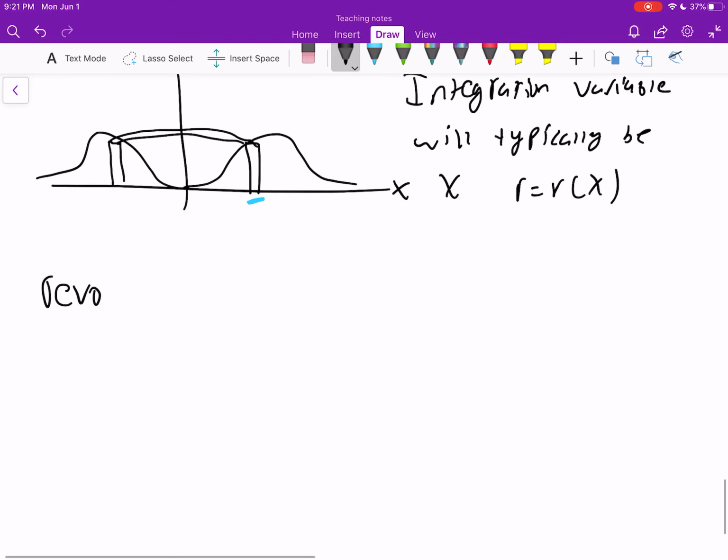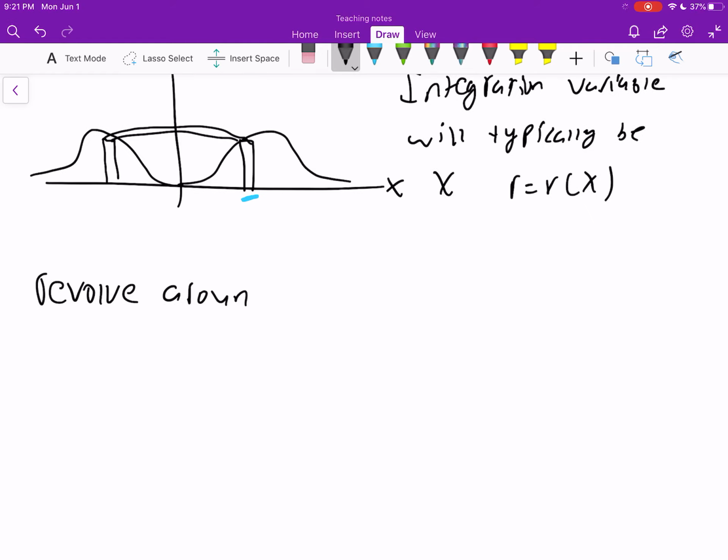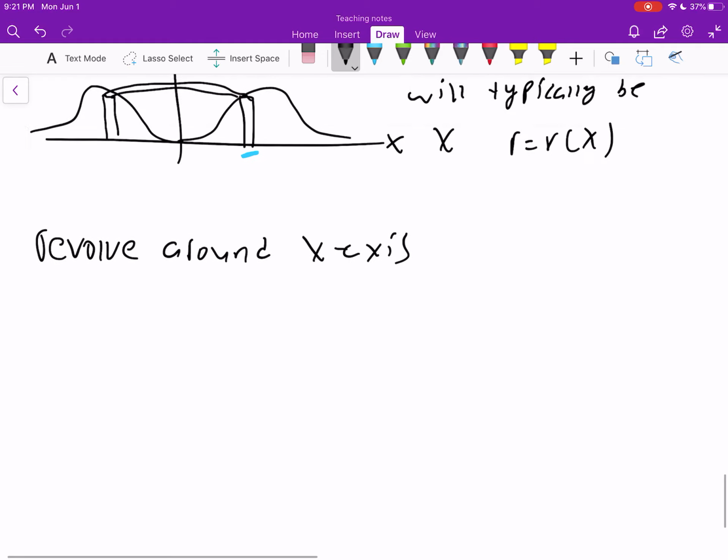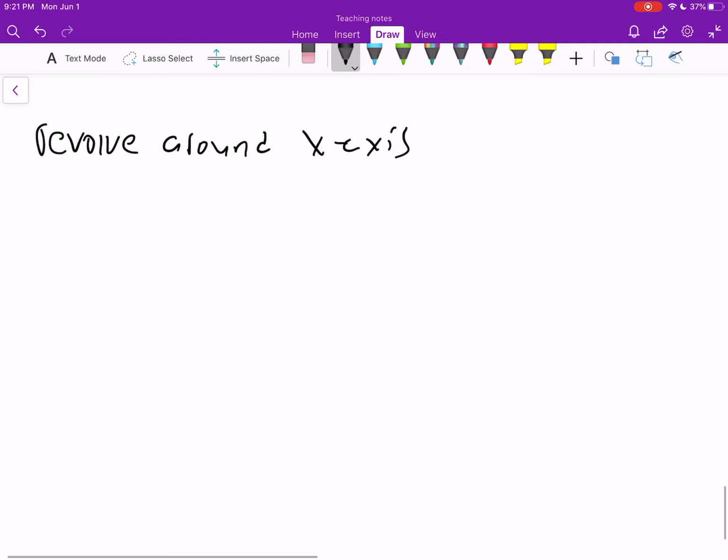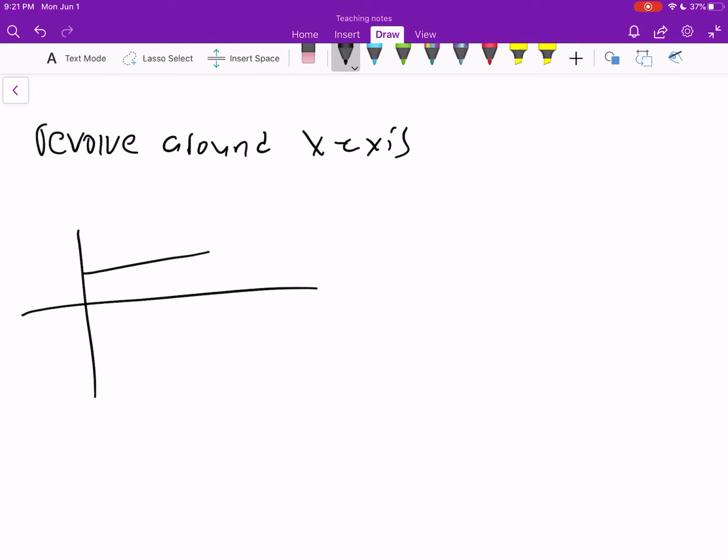Similarly, if I revolve around the x-axis, so that might look something like this. So let's do this.